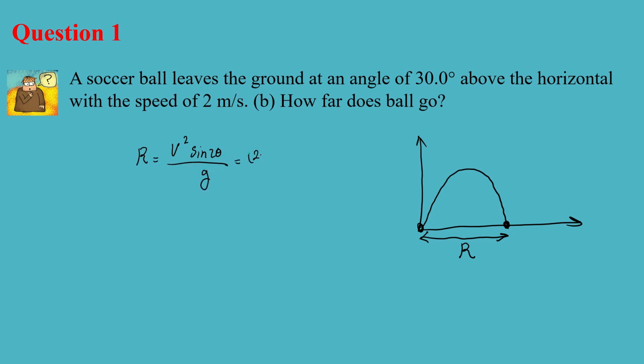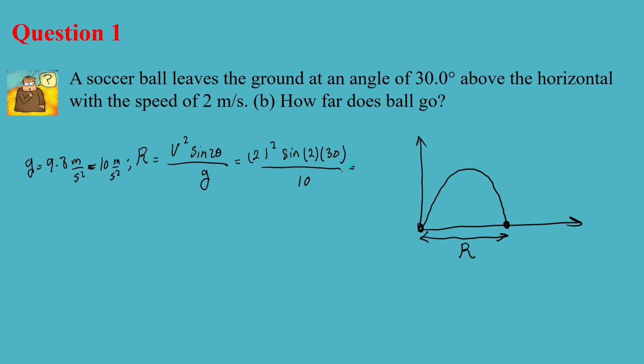My v is 2, my theta is 30, and I'm going to assume g is equal to 10. Technically speaking, g is equal to 9.8 meters per second squared, but I usually approximate it as 10 meters per second squared. That's why you're seeing 10 here.